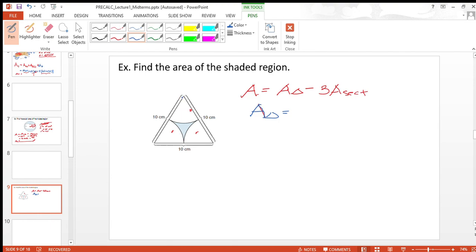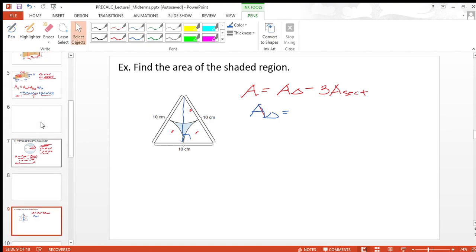So you can have 1/2 base, but you still need to compute for the height. It's not yet given, but you can compute that. That will be 5, that will be 10. So you can compute this by the Pythagorean theorem. That's one option. Or you can use Heron's formula.